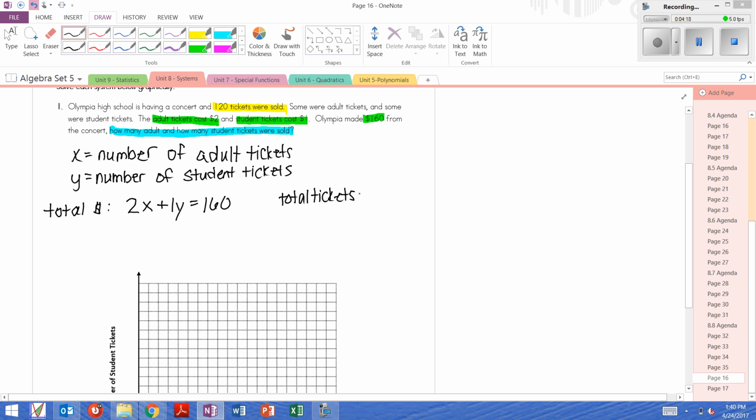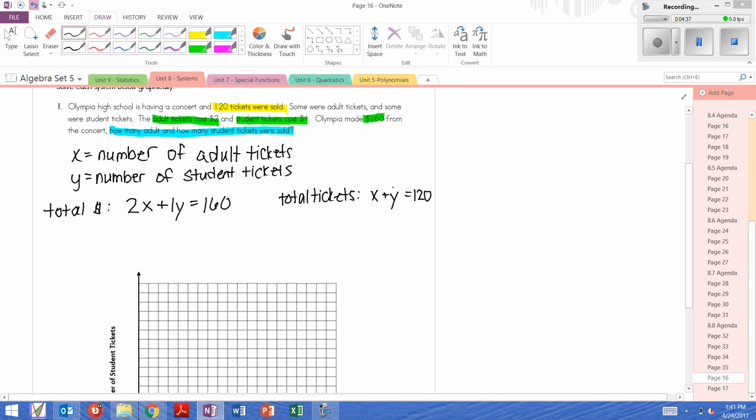And notice how I label my equations. I think that it's really helpful. We know that the total tickets has to equal 120, and that's the adult and student tickets combined. So you got it, X plus Y is equal to 120.